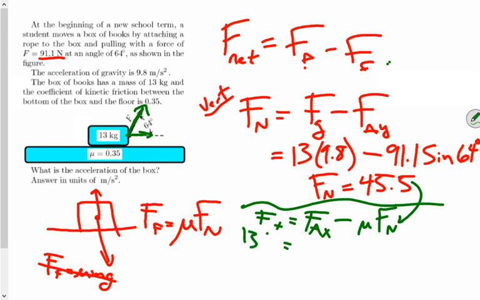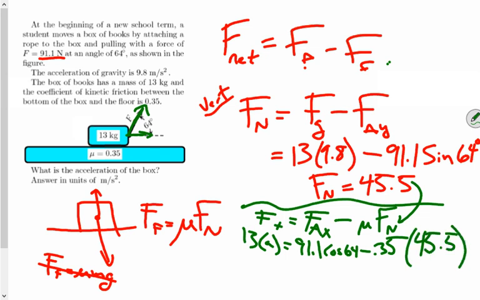So 13 times acceleration is going to be equal to 91.1 times cosine of 64 minus my mu, which is 0.35, times my normal force, which is 45.5. I know that's a lot of steps.